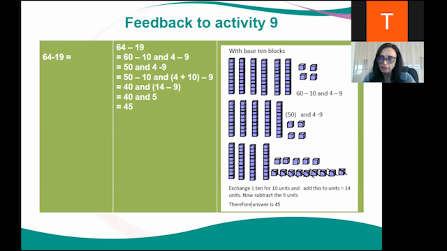Now we can say 14 take away 9, and we're left with 5. So what we did was we exchanged 1 ten for 10 units, and we added this to the units to give you 14 units. And then we subtracted the 9 units from 14. Therefore, the answer is 45.